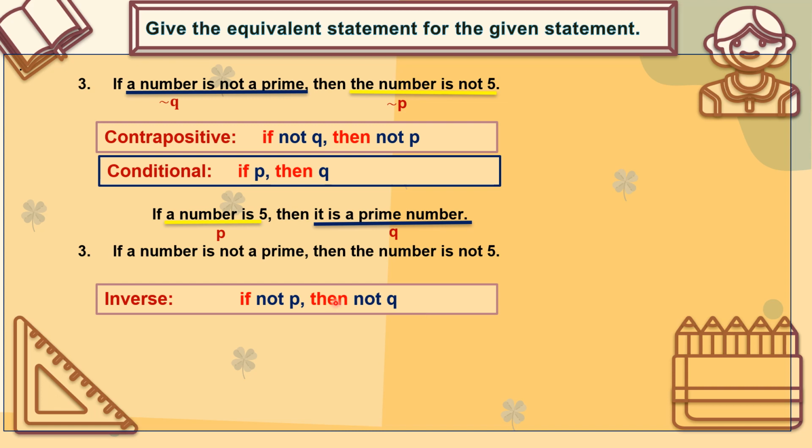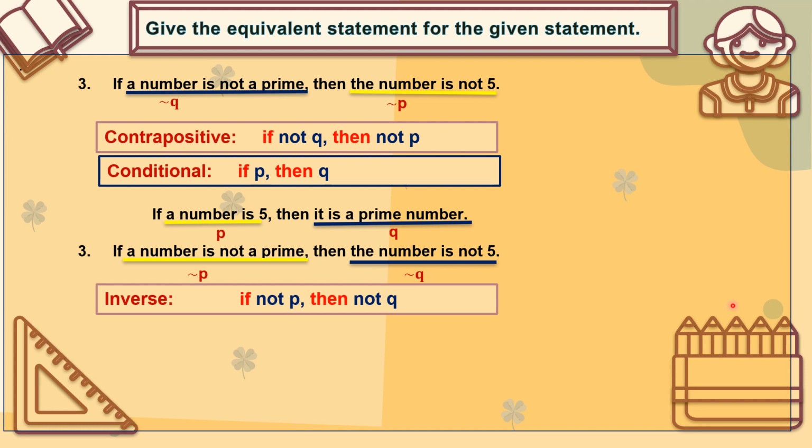Okay, mauuna yung P bago yung Q, pero nakanegate sila. Okay, so dito sa inverse na to, ano ang hypothesis? Okay, hypothesis, a number is not a prime. So, ito ang ating not P. Ano naman ang conclusion? The number is not 5. So, ito po ang ating not Q.